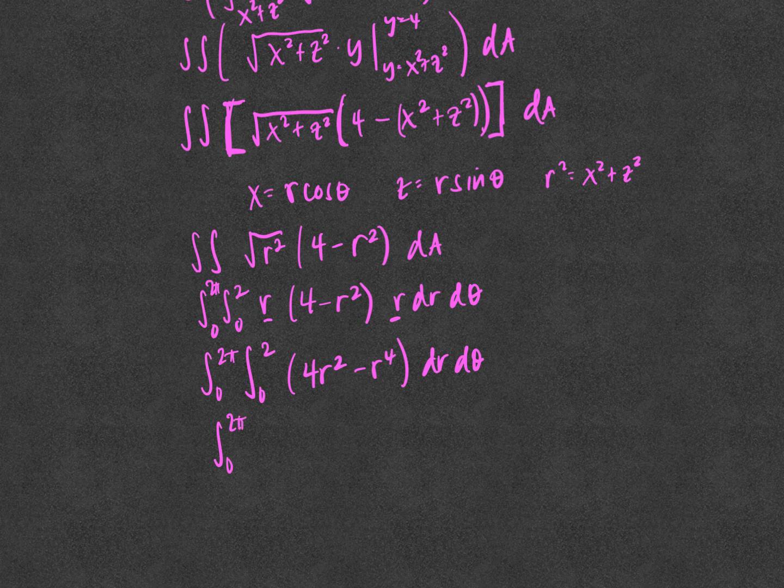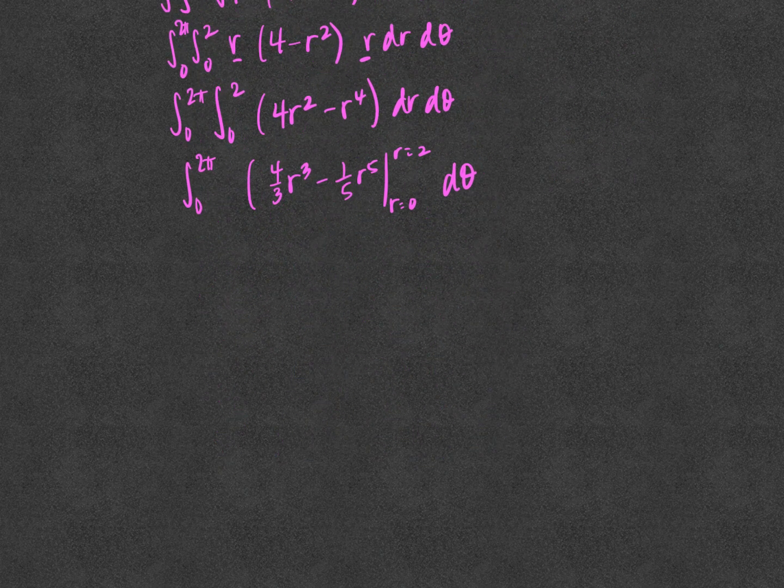We have the integral from 0 to 2 pi. When we integrate 4r squared, we get 4 thirds r to the 3rd minus 1/5 r to the 5th from 0 to 2. I think I'm going to say r equals 0 to r equals 2. It's all r, but it doesn't hurt to be a little more specific at times. So we're going to keep the integral in terms of theta.